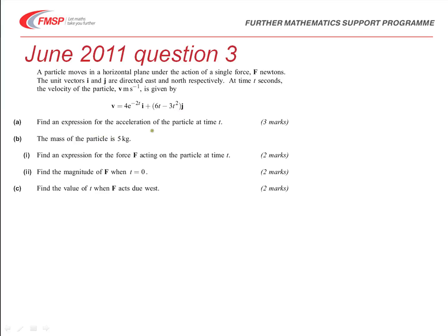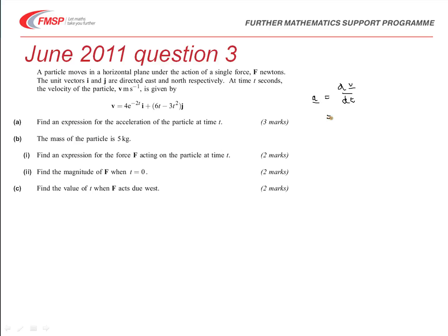First part says find an expression for the acceleration at time t. The key thing to remember is that the acceleration is the differential of the velocity, and when we differentiate vectors we differentiate the separate components.